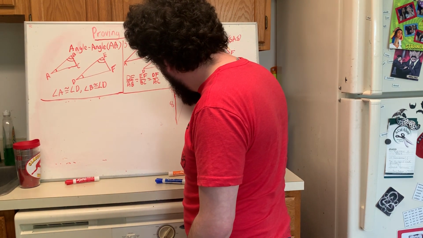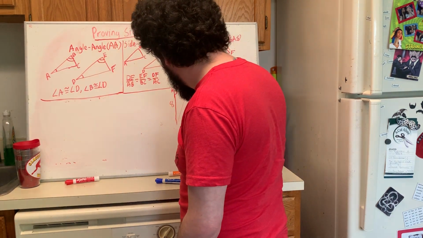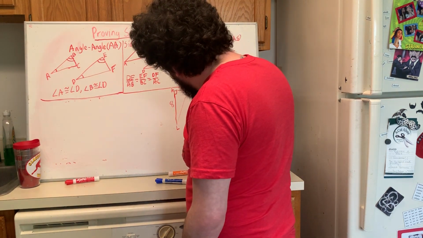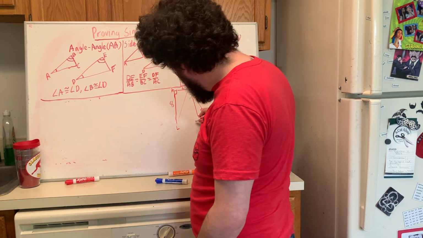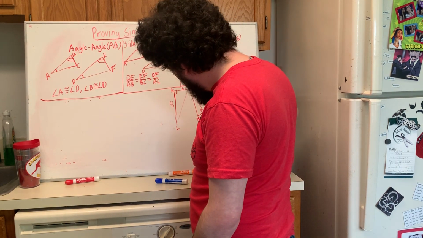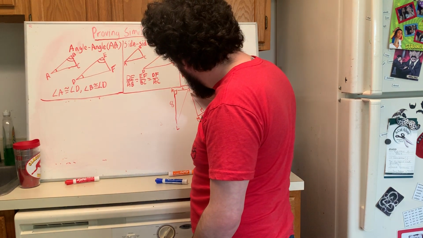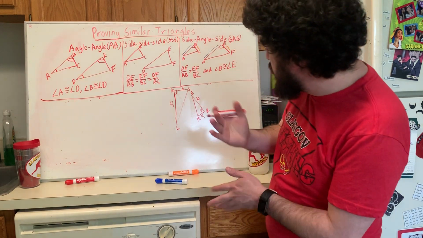This angle is A. This is S. And this is L. And then I have another triangle that looks something like this. This is M. Sides 4. R. E. So, these look pretty similar.